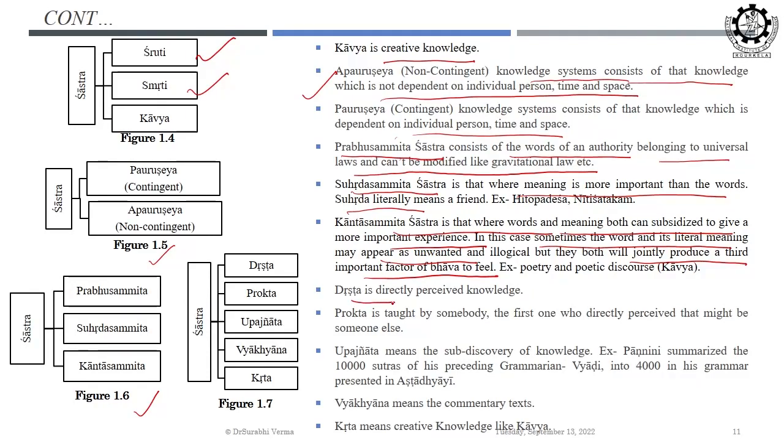Drisht is already understood, it is directly perceived knowledge. Whatever is being directly perceived, that is drisht. Just like somebody in yesterday's class asked me the difference between this kind of drisht knowledge of rishi and darshan. I will explain in detail later, but right now in this class, we are not able to see viruses and bacteria present inside the class by our senses.